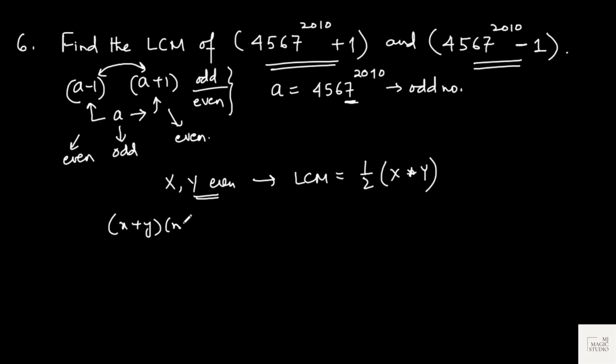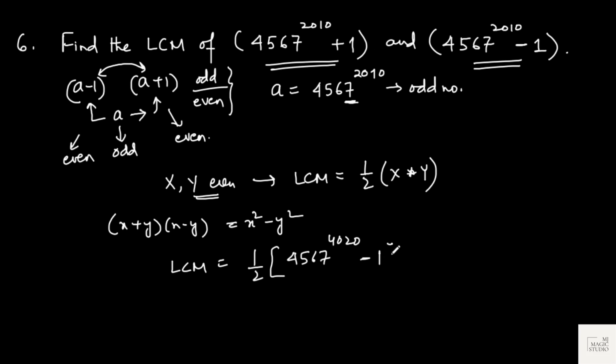And we know x plus y into x minus y is x square minus y square. So LCM in our case is half into 4, 5, 6, 7 to the power 2, 0, 1, 0 into 2, that is 4, 0, 2, 0, minus y square. 1 into 1 is 1. So the final answer is LCM is half into 4, 5, 6, 7 to the power 40, 20 minus 1.